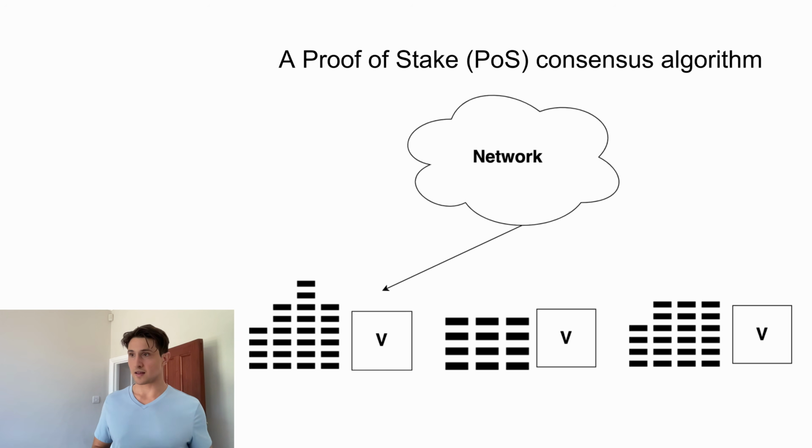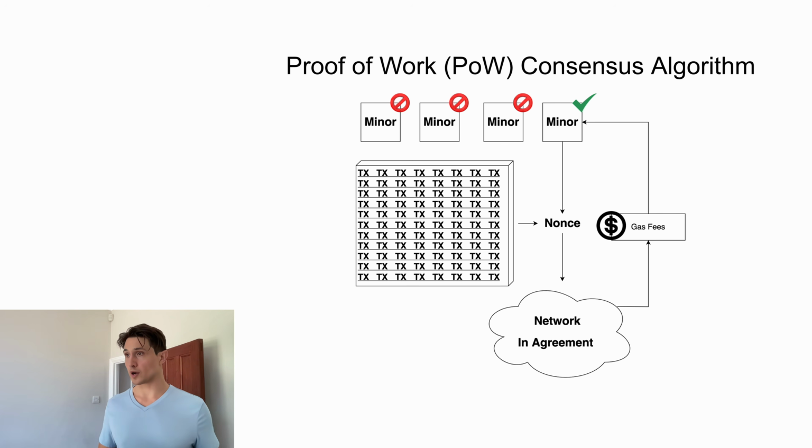Now, you might say that's unfair, but I'd say it's the same on proof of work, because if you have more computing power, so for example, if you have a factory of computers and you're trying to mine Bitcoin with all of that resource, you're more likely to be successful than someone that has a smaller setup in their apartment.